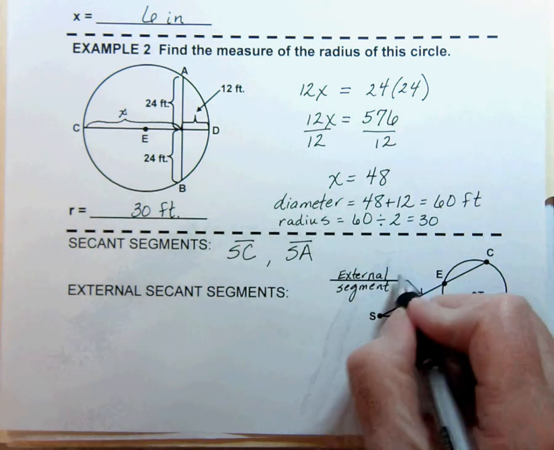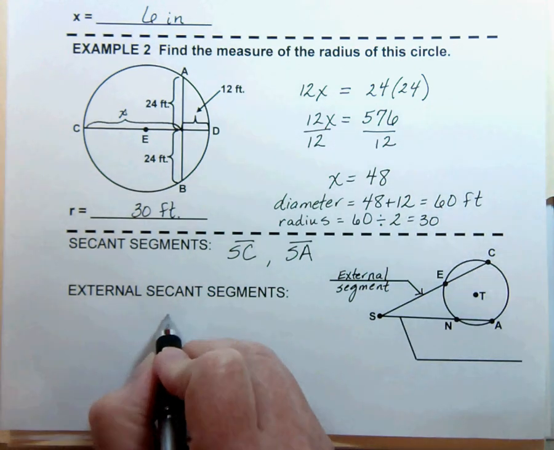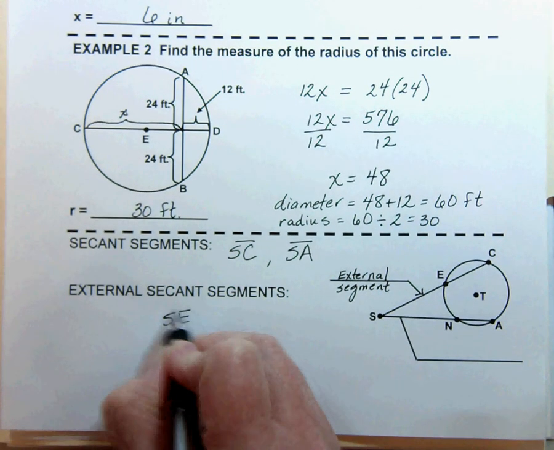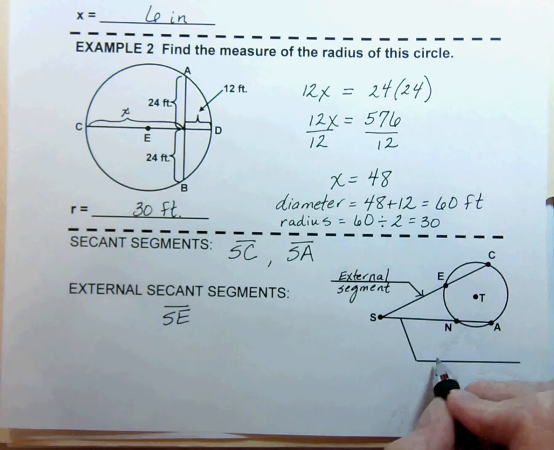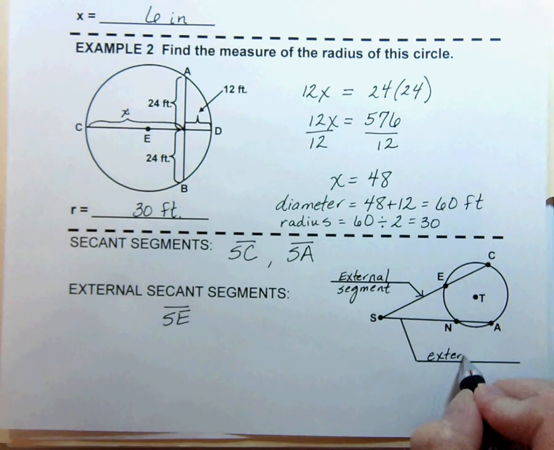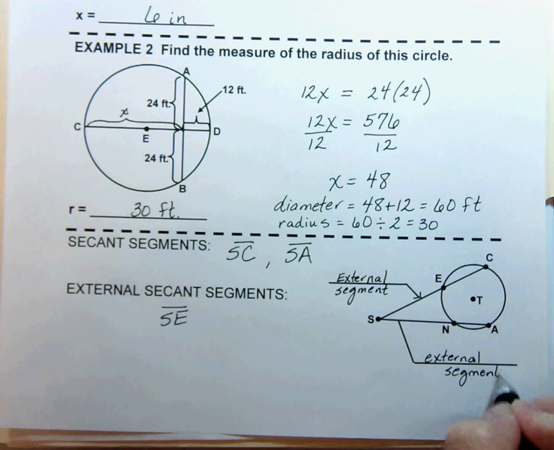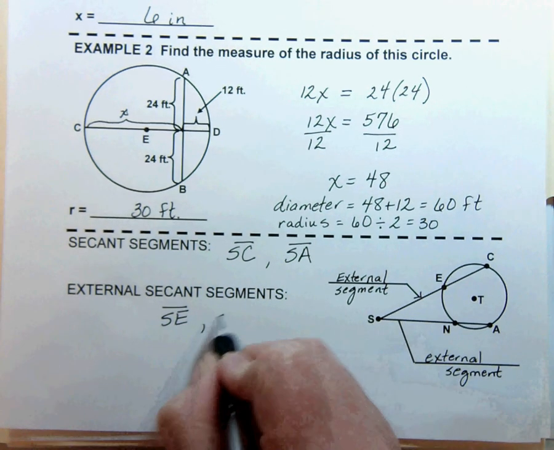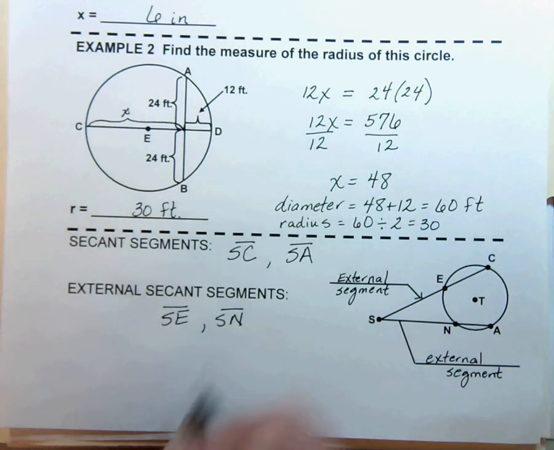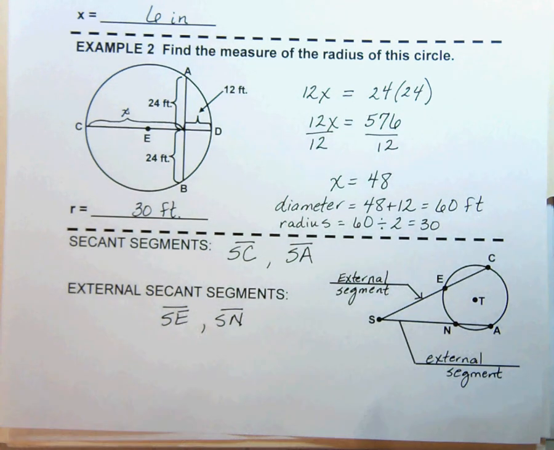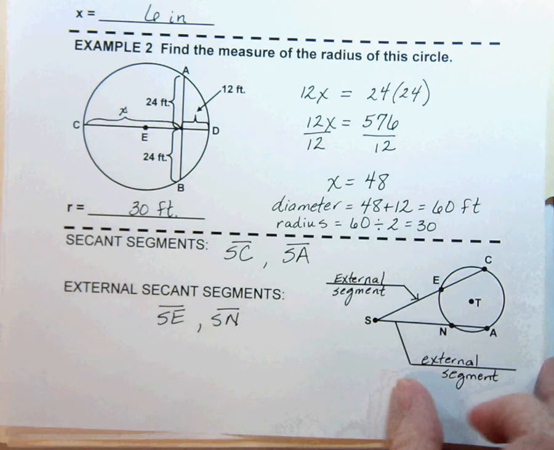I'm going to label the external part here SE, and the other external segment is SN. So when they use that for the theorem, just make sure you understand that external means just the part of the secant that's on the outside of the circle. And we're going to use that theorem for example 3. So look at example 3.